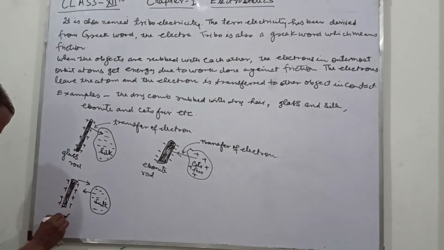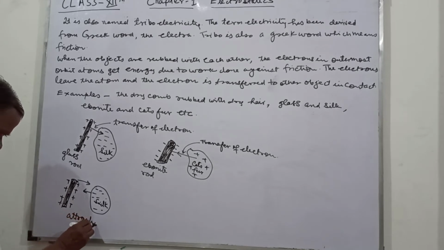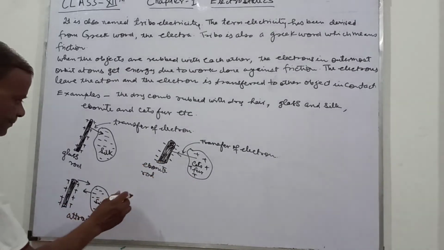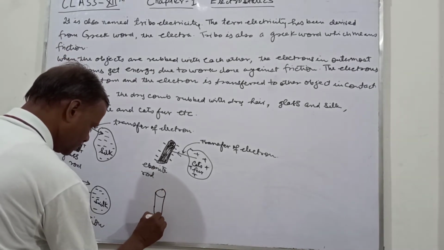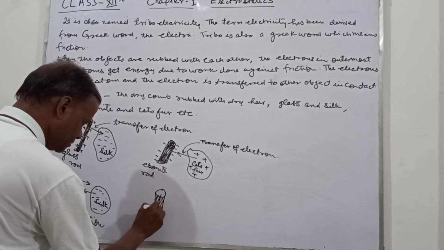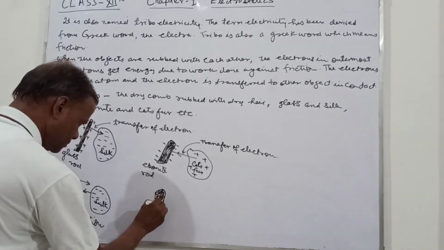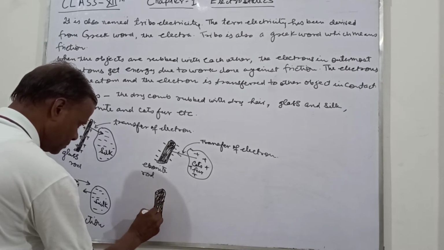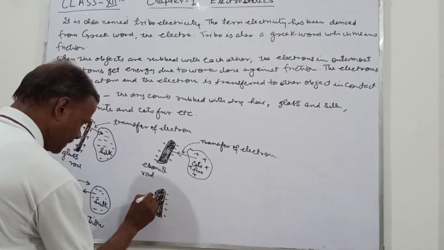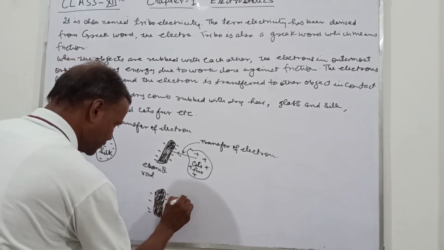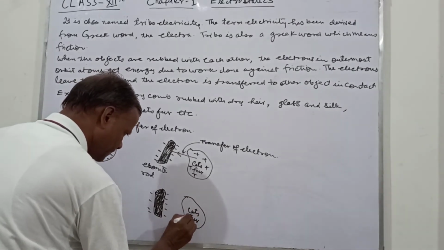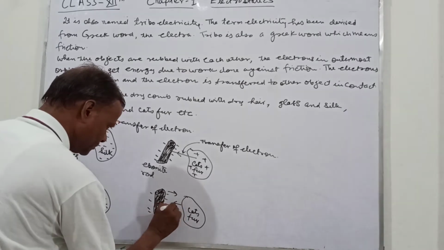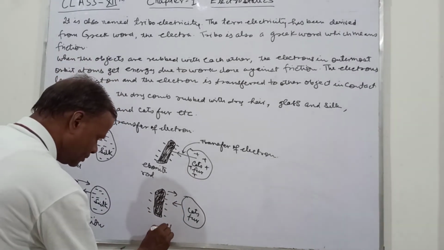Similarly, the ebonite rod, which is negatively charged, and the cat's fur will also attract each other. This is also attraction.